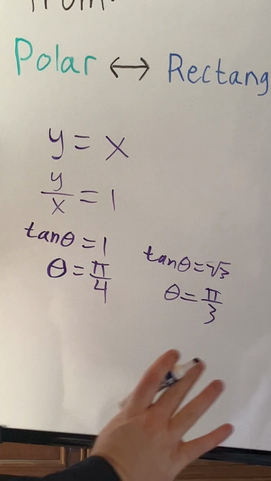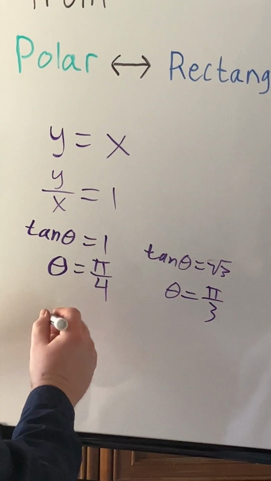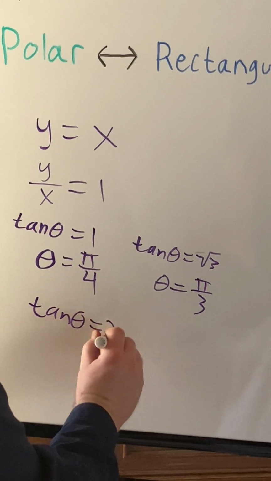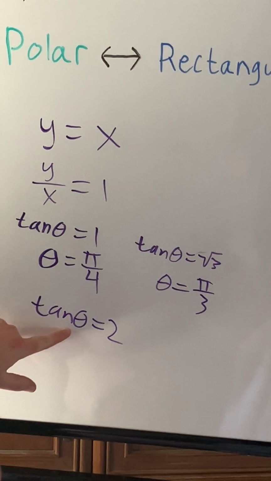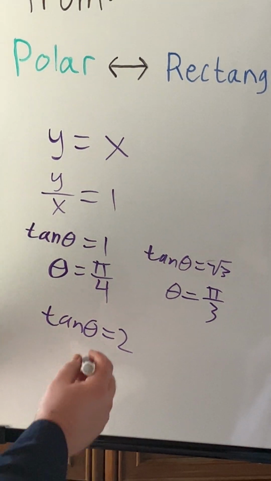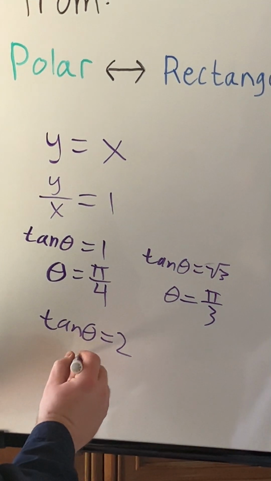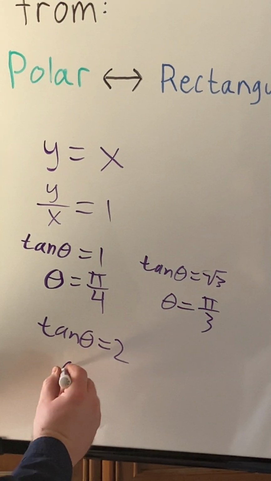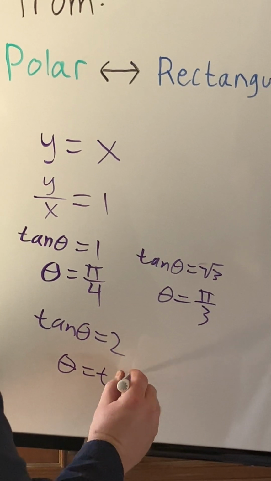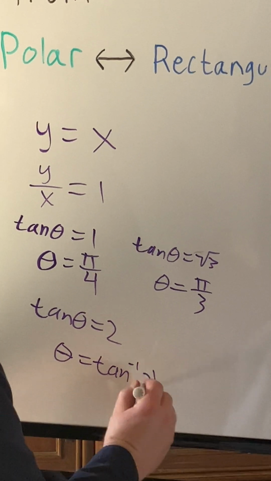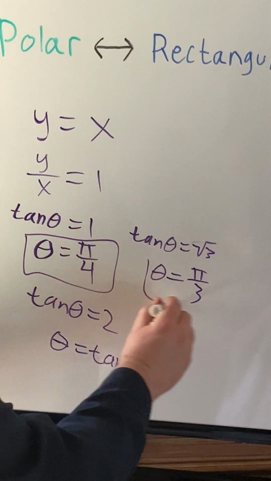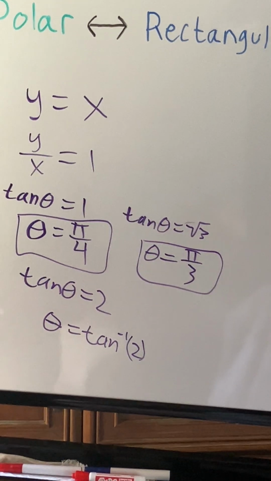I personally never see this, but let's just say you had something like tan theta equals 2. And this would come from if I had y equals 2x. I believe your best bet here in your class is you would just write this as theta equals tan inverse of 2, like that. So here are our answers to these types of questions.